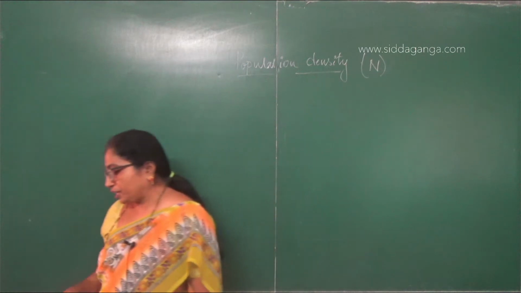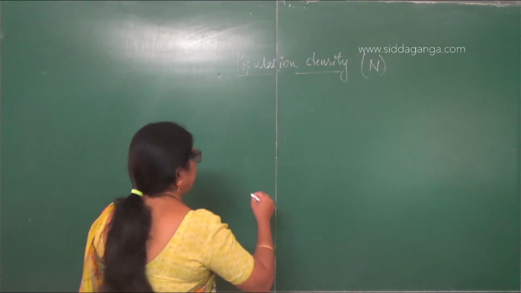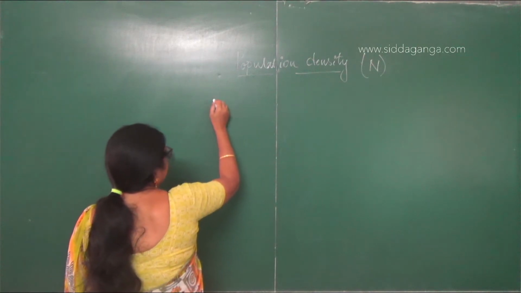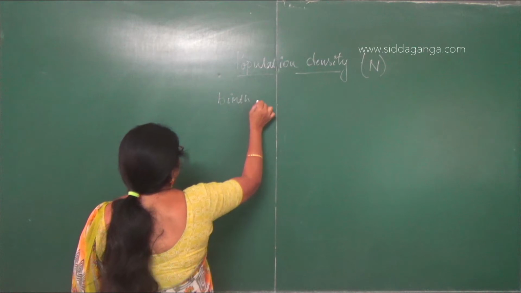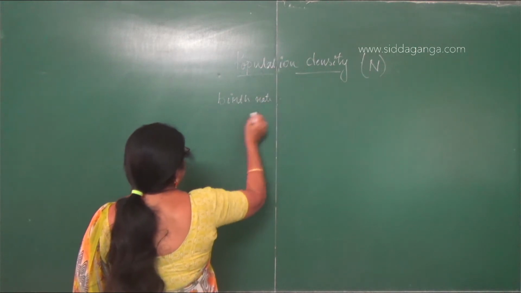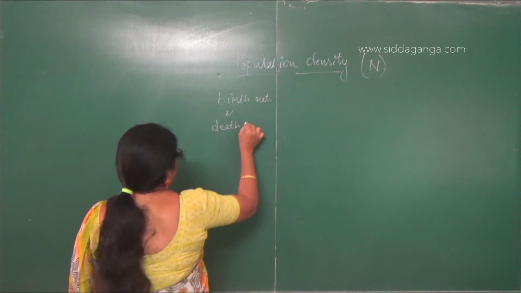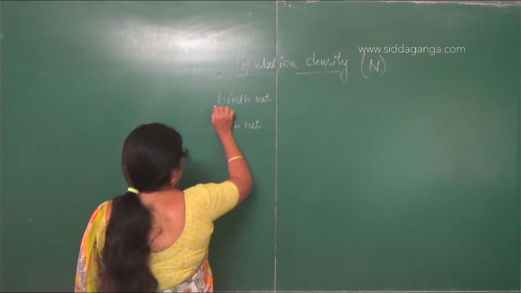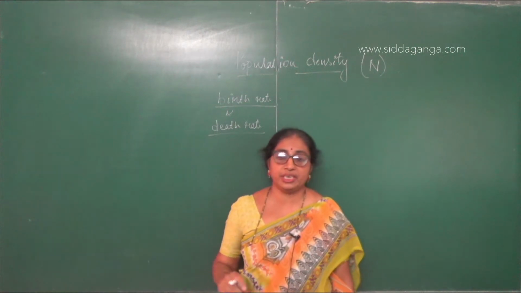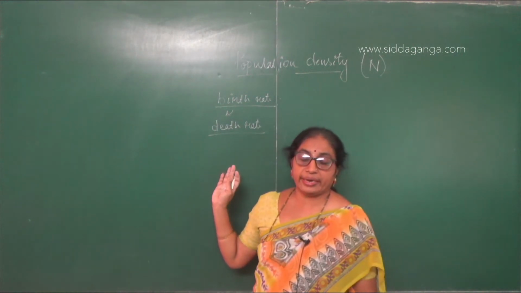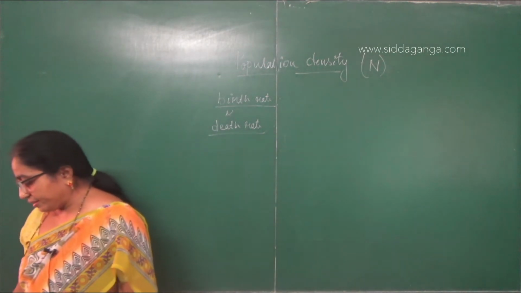So this population density depends upon the birth rate and the death rate. In the last class, we studied what birth rate and death rate are, and we also understood how to calculate the birth rate and the death rate.